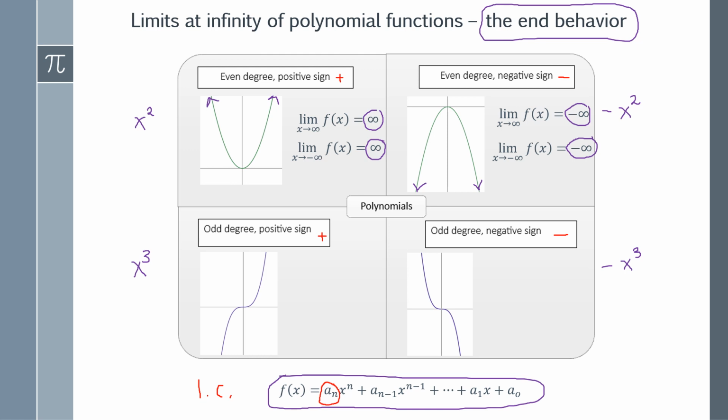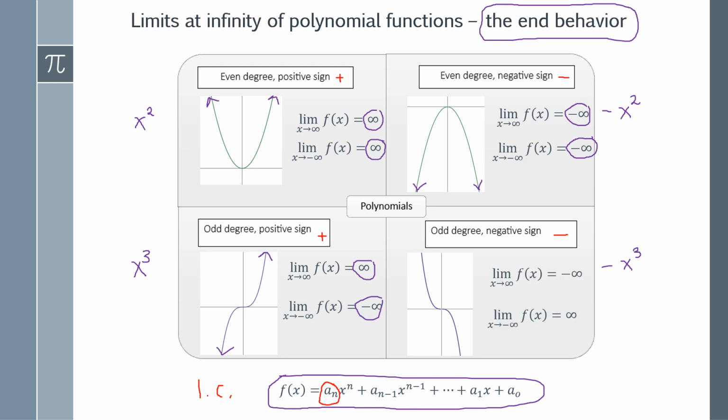For odd degree, positive sign, one branch goes up, one branch goes down. So that corresponds to the following. Limit as x goes to infinity is equal to positive infinity, and limit as x goes to negative infinity is negative infinity.